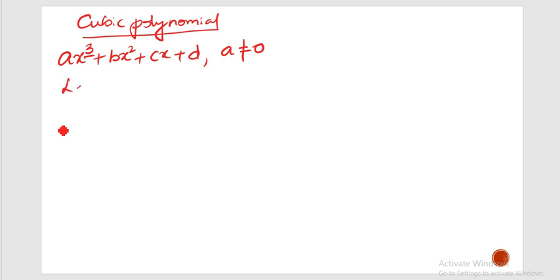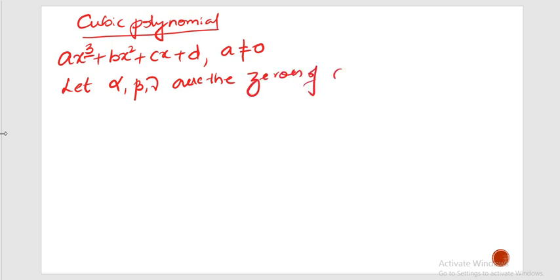Now the same way I considered for the quadratic polynomial, I am going to consider for this cubic polynomial. So here, let alpha, beta, gamma be the zeros of this cubic polynomial.